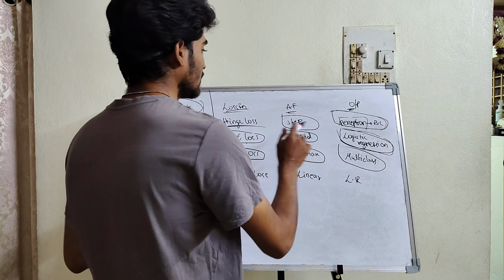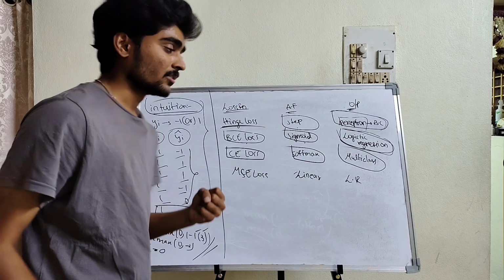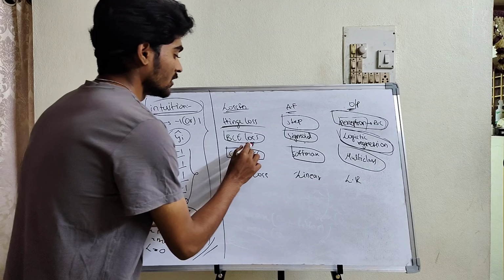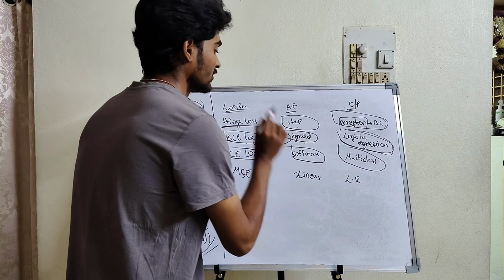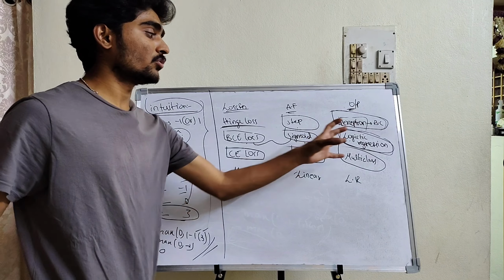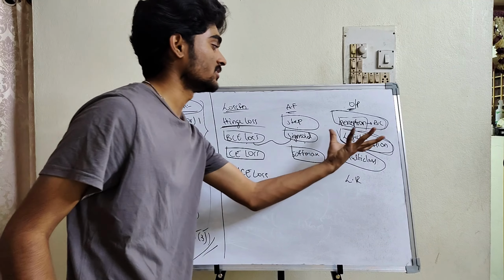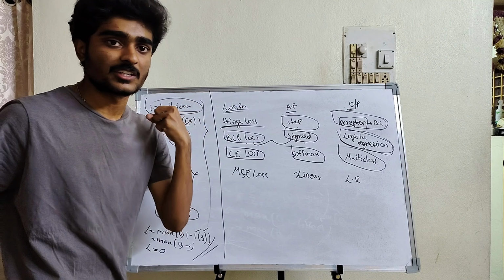Now for logistic regression, when you combine binary cross entropy loss with sigmoid activation function, the perceptron can be used as a logistic regression. Logistic regression is used for classification.